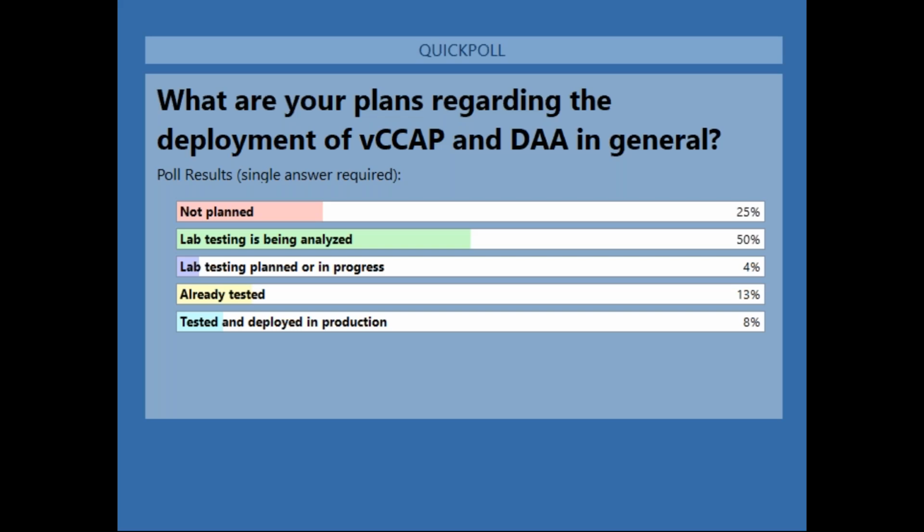There seems to be very strong impetus in the industry to seriously look at virtualization use cases like distributed access architecture, virtual CCAP with RPD nodes, simply because the economics of reduced space, power and cooling in the head ends, plus the flexibility of deployment, plus getting away from very long update cycles for hardware-based components, those benefits are very compelling.